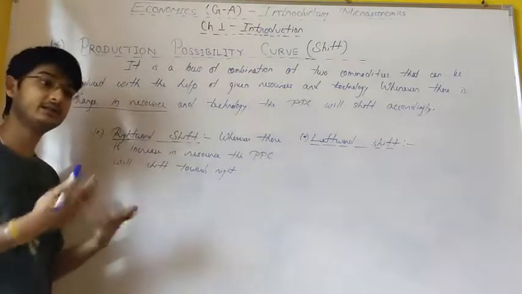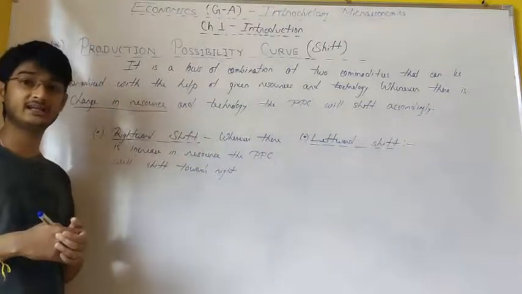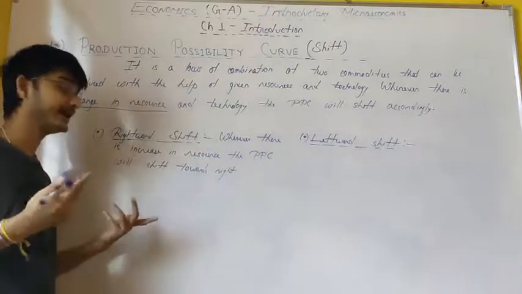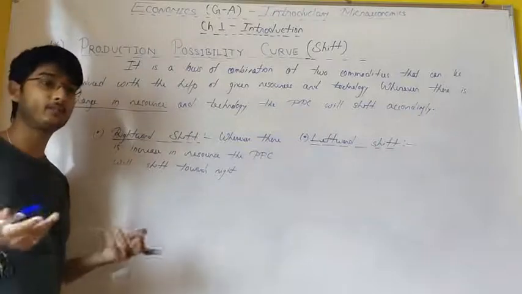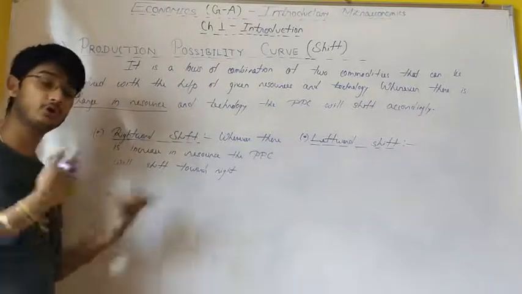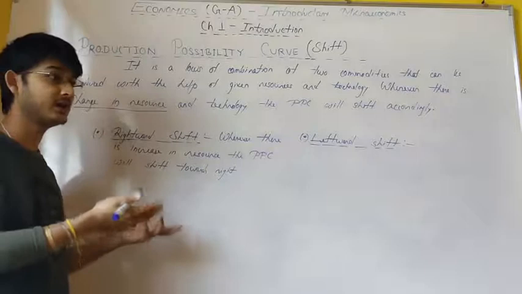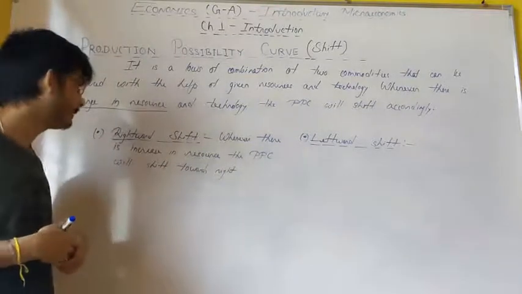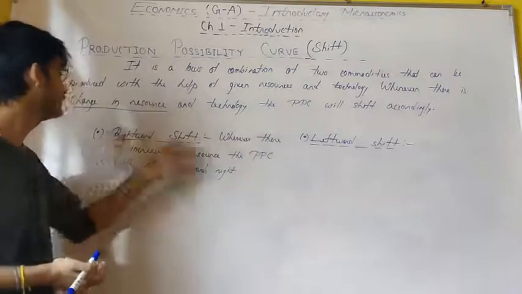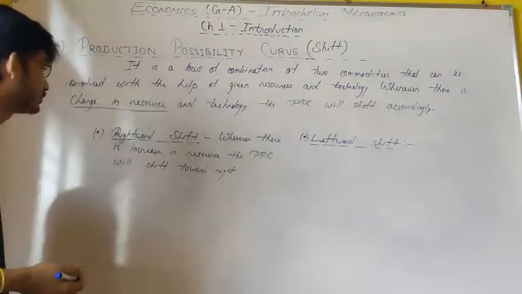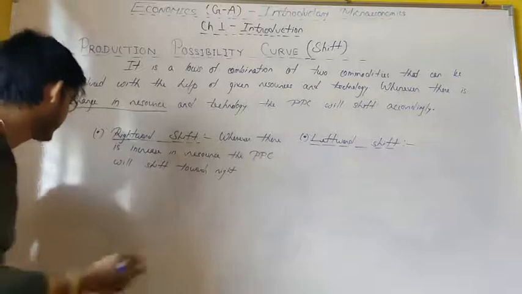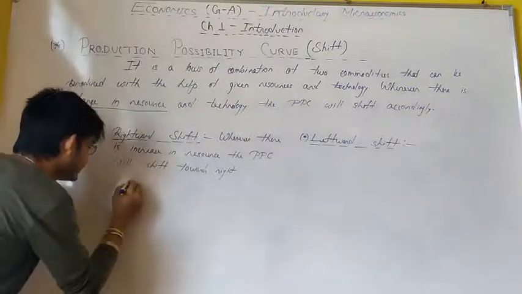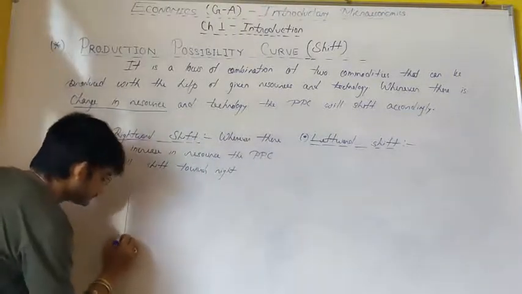So they will start employing all those skilled and healthy workers, and as a result the companies and production hubs will start increasing their production, and hence the PPC will shift towards the right. Well, now let us explain this through the diagram.